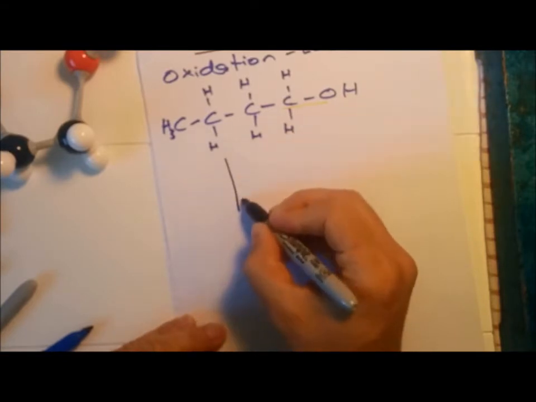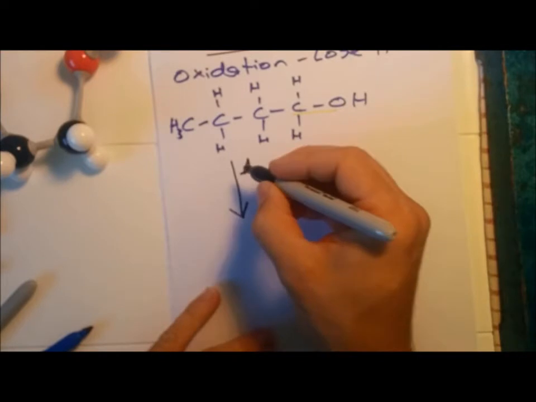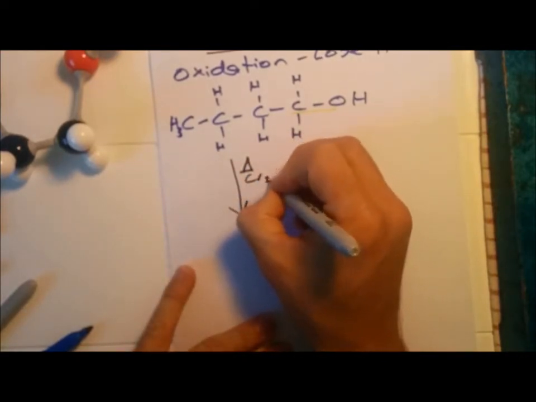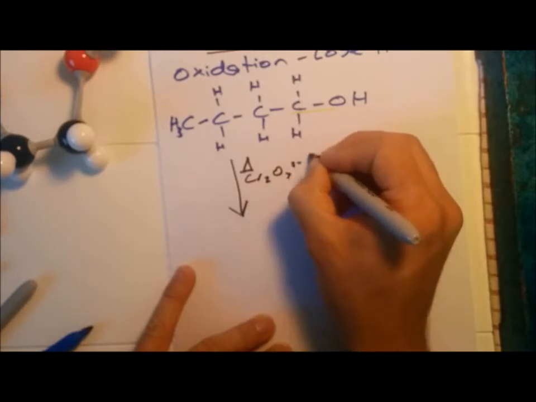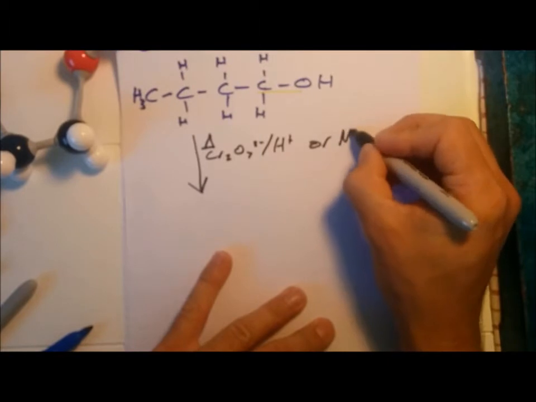When we oxidize it, we need to do it with heat, which triangle is the shorthand for, and we can do it with either acidified potassium dichromate or acidified permanganate.